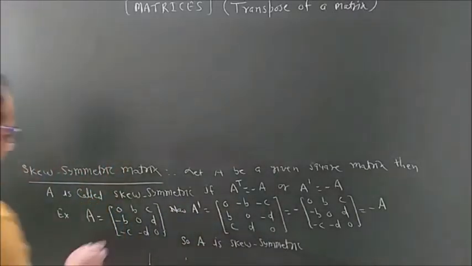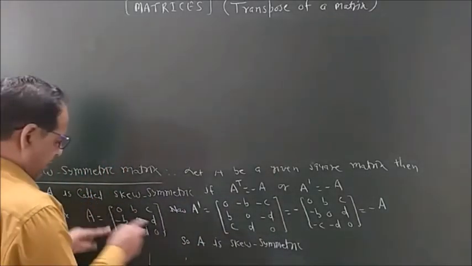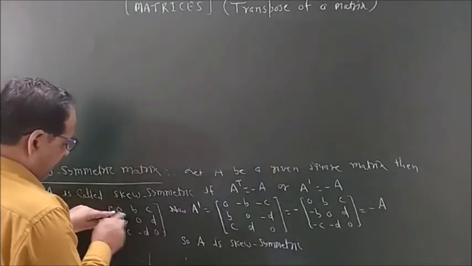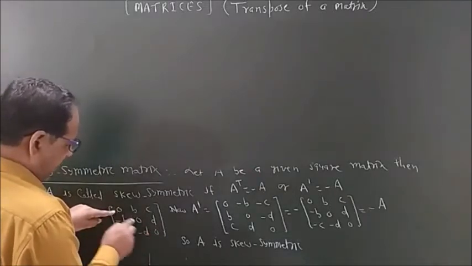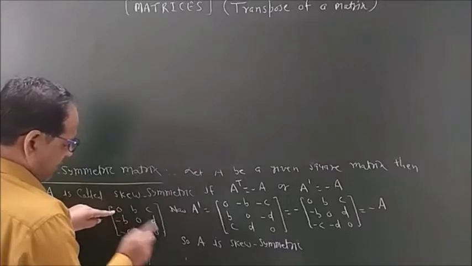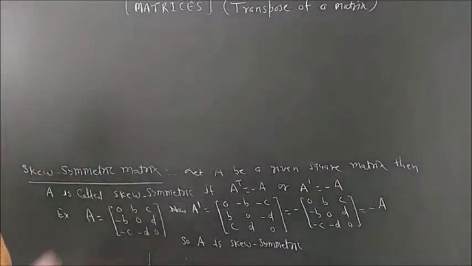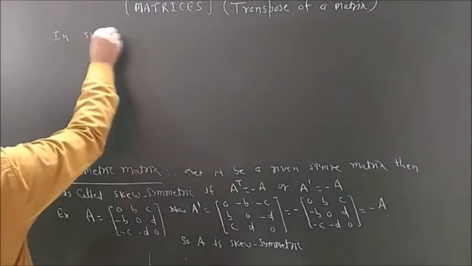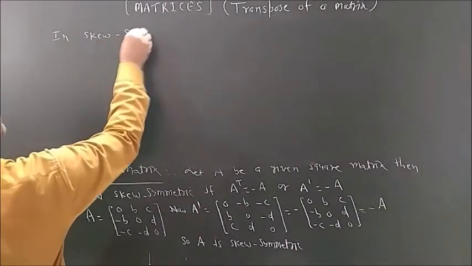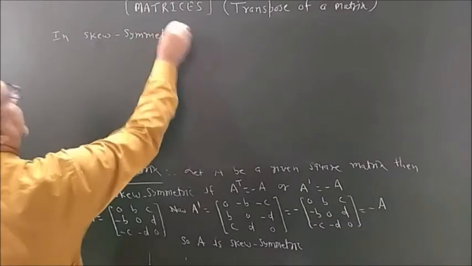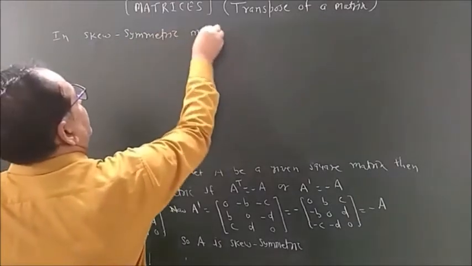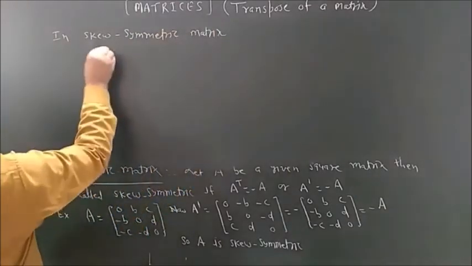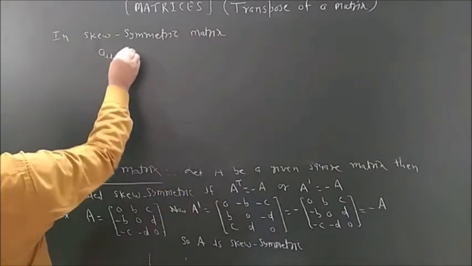We are observing here in a skew symmetric matrix, the first thing is that the elements of the principal diagonal are 0. So in a skew symmetric matrix, Aii equals 0.